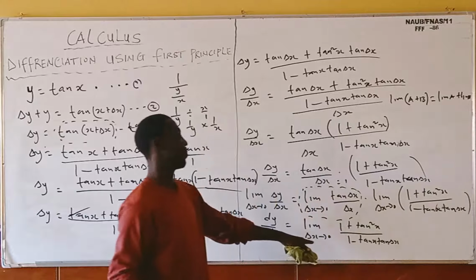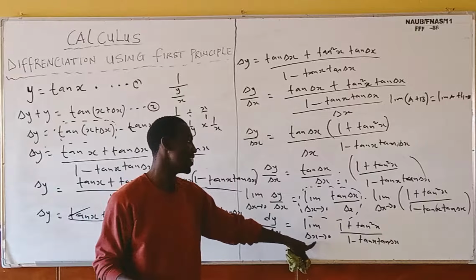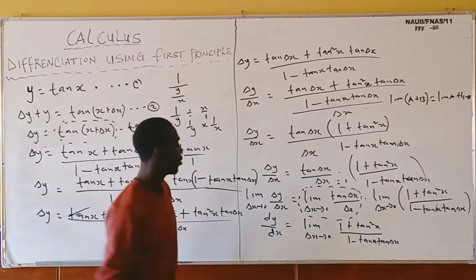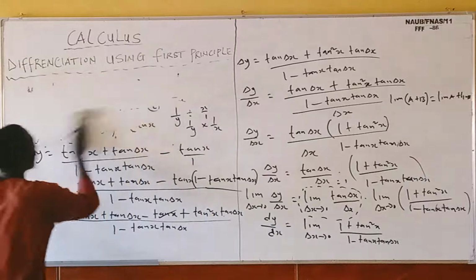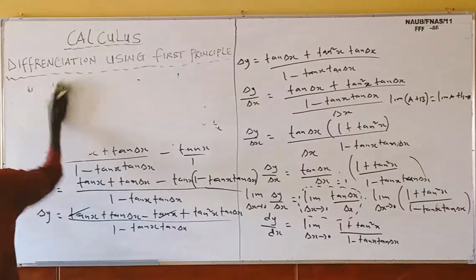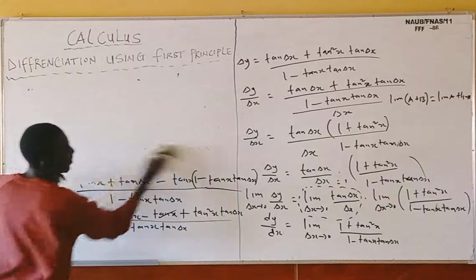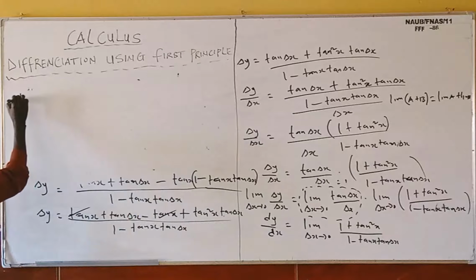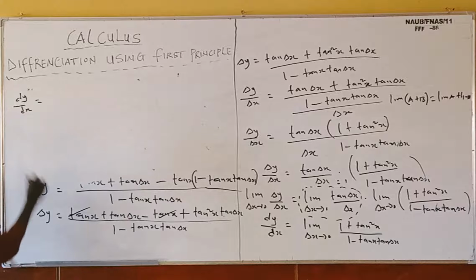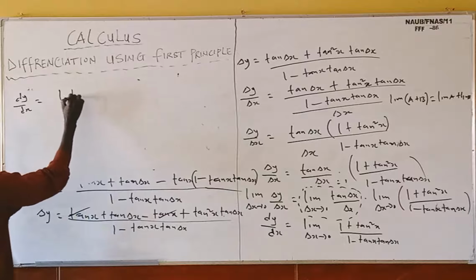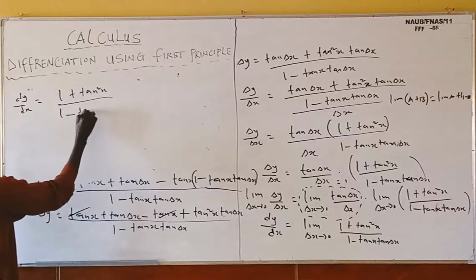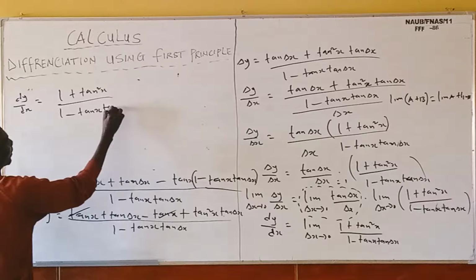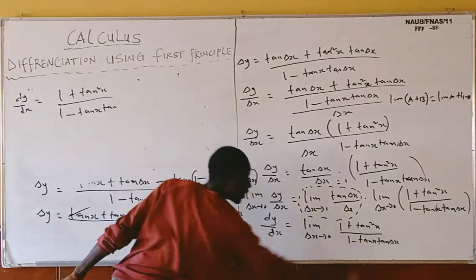So this implies that anywhere I see change in s, I'll put 0 there. So it means that dy/ds now will be equal to 1 plus tan square s all over 1 minus tan s tan, where I have my change in s, I'll put 0 here.